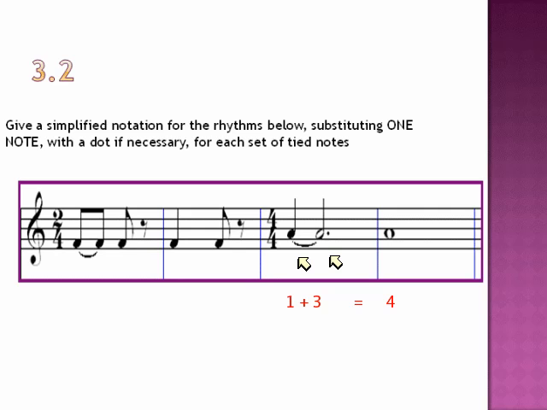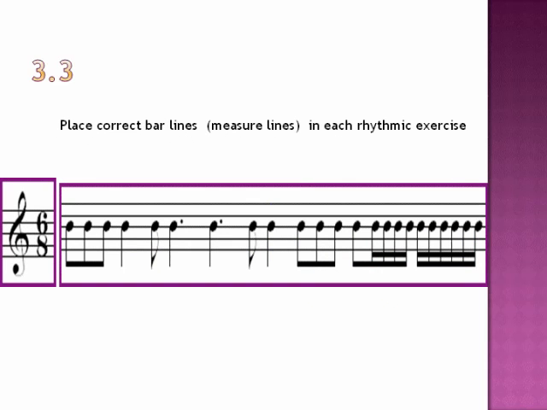The one note right here, the whole note, equals those two tied notes, and it's one note that equals it. So that's what those assignments do. So you know how to do the equivalence.